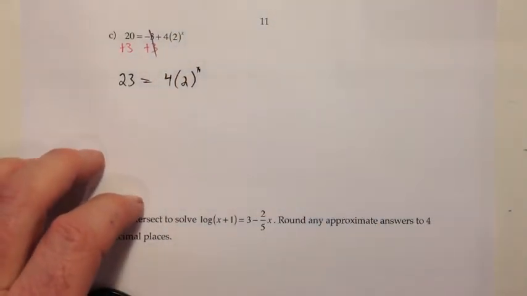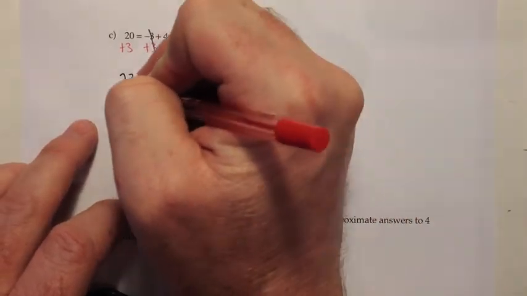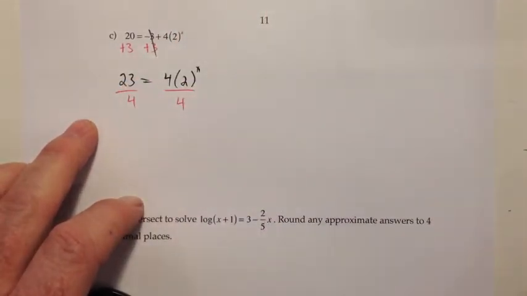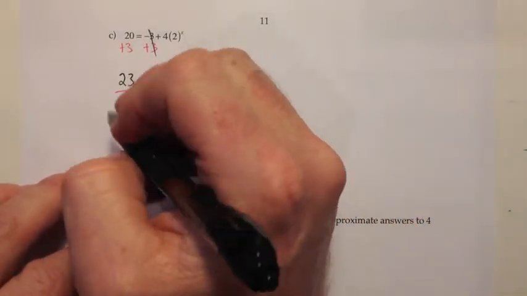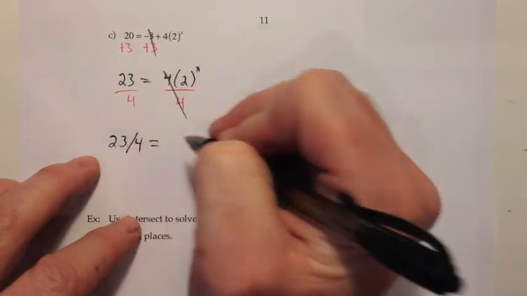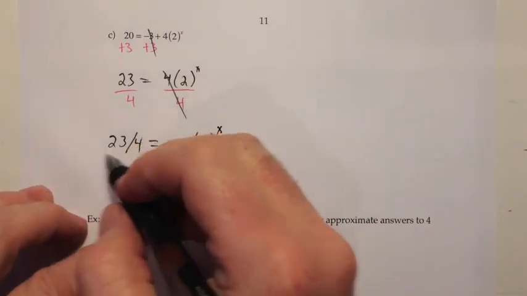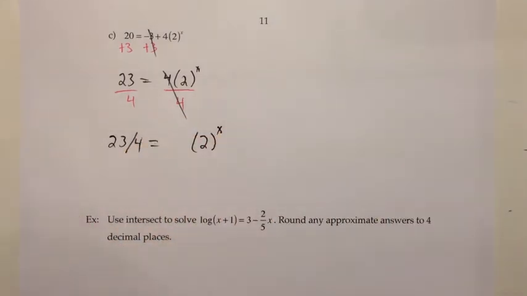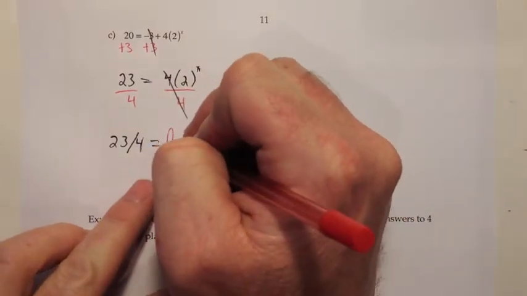I still need to get that base by itself, so I have to get rid of that 4. It's connected by multiplication, so I would divide both sides by that 4, and that would cancel those. And then on the left I have 23 over 4, and on the right I have 2 to the x. And I've purposely left space in front because once you get that base by itself, the way you bring that variable down is to take a log.